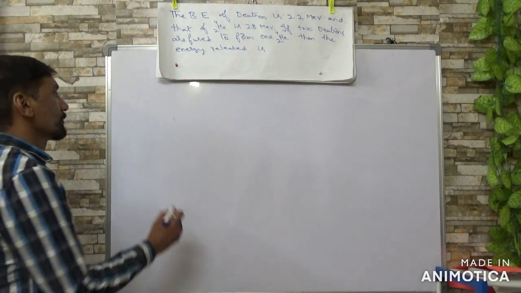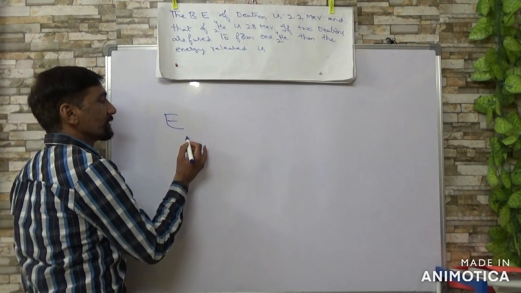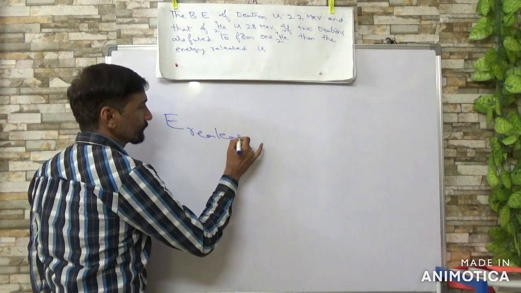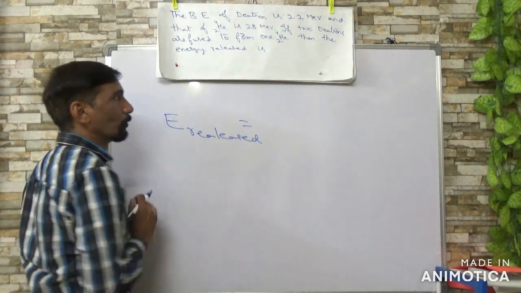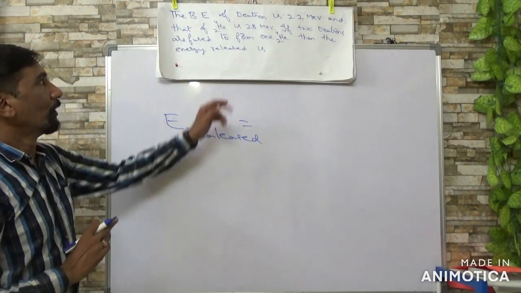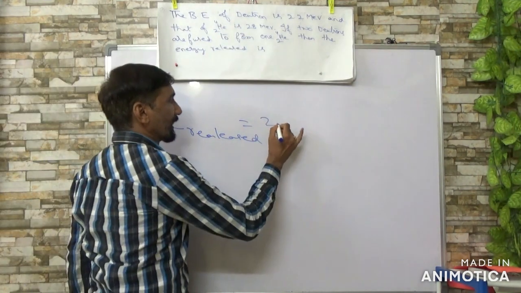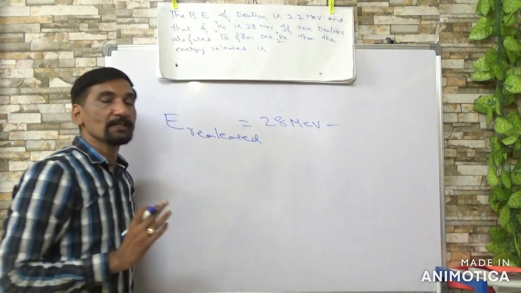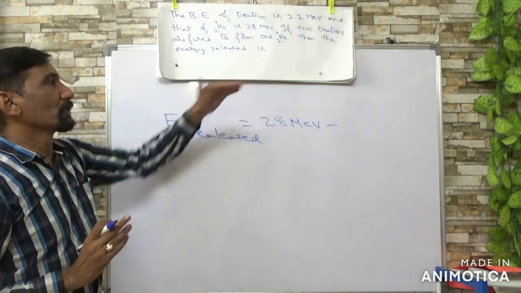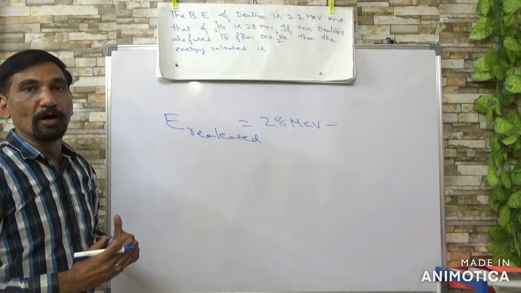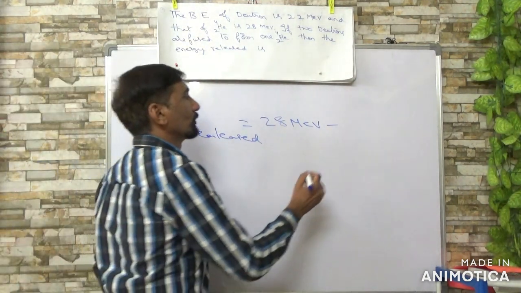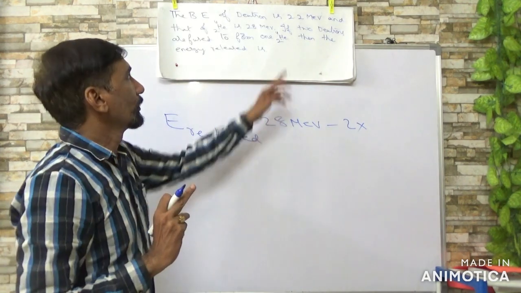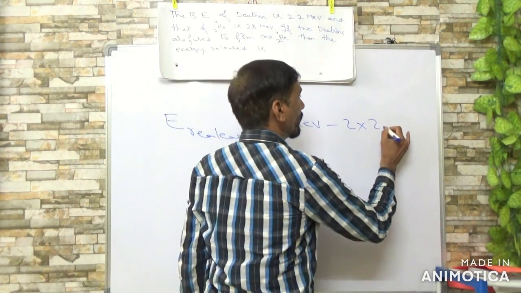So energy released is equal to the binding energy of helium, 28 MeV, minus, since 2 deuterons combine together to form helium, 2 times the binding energy of each deuteron, 2.2 MeV.